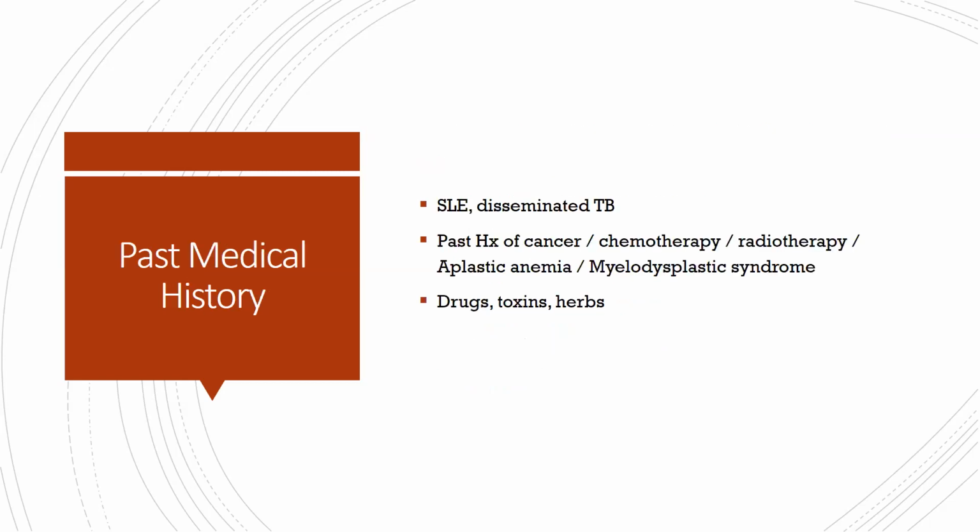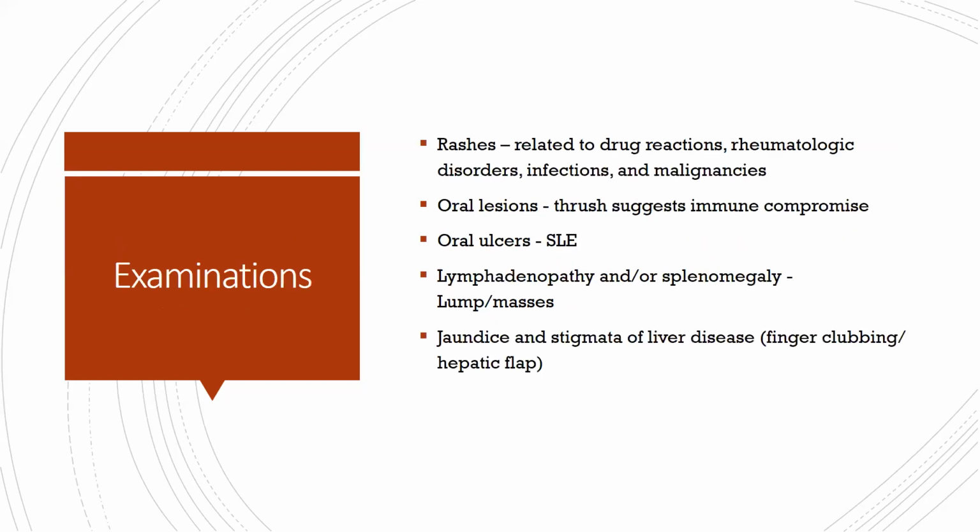Past medical history is also important, whether the patient has any history of SLE, disseminated TB, cancer, chemotherapy, radiotherapy, aplastic anemia, or MDS before. Drugs, as I mentioned before, are also a very important part of the history to find the cause of the patient's pancytopenia. As for examination, you might find rashes, which are related to drug reactions, rheumatologic disorders, some infections, or malignancies.